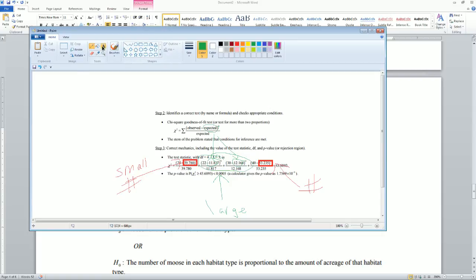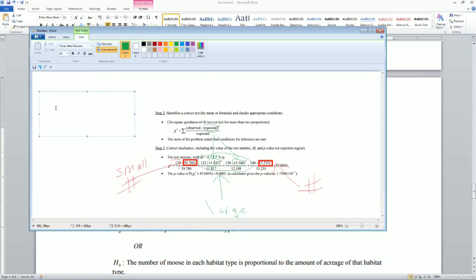Type 2 and type 3 are preferred because the expected value is so small when compared to their observed.